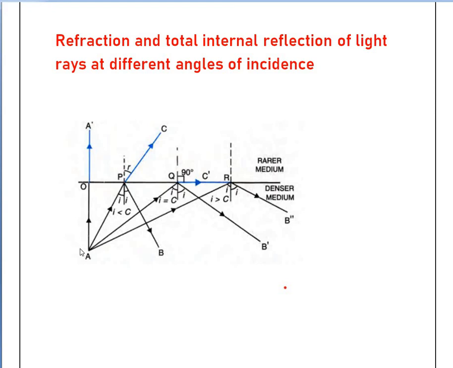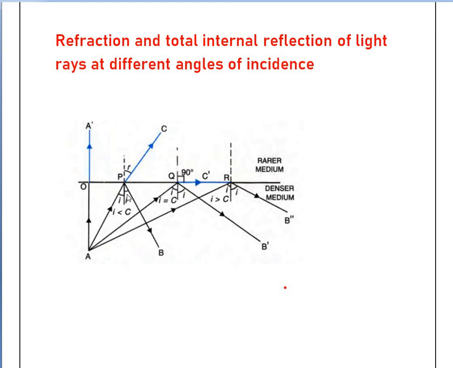For the ray AO, the angle of incidence is 0. You can see that there is no angle between the normal and the incident ray, and the refracted ray is OA dash.